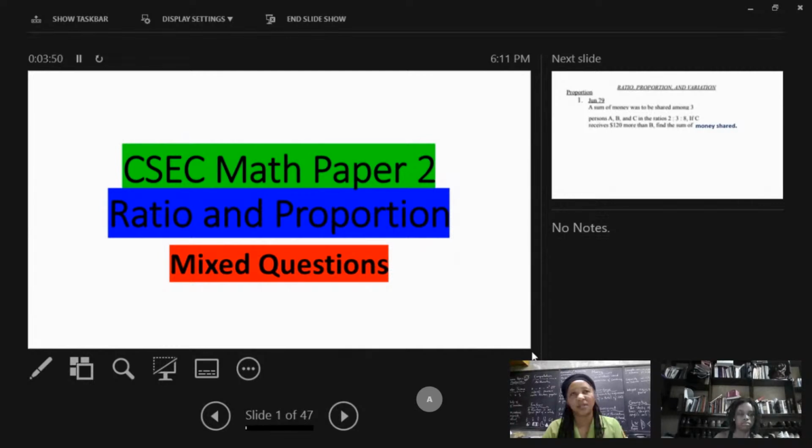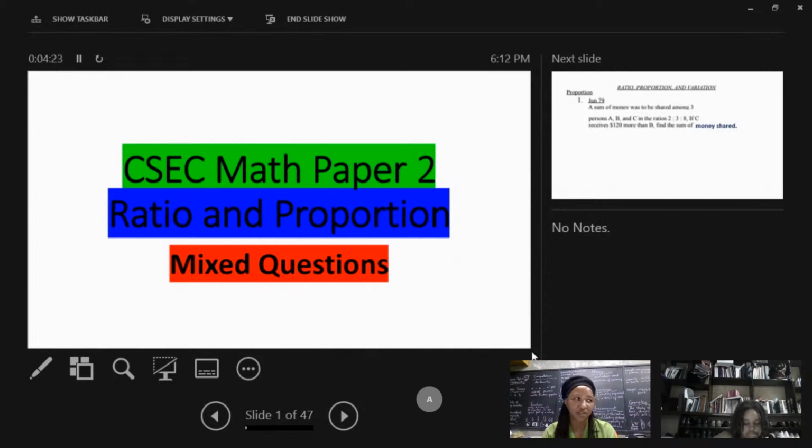So let's look first at what is ratio. How would you explain ratio, Imani? Miss, the relation between two amounts or two sets of things.